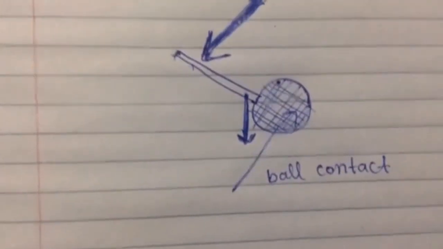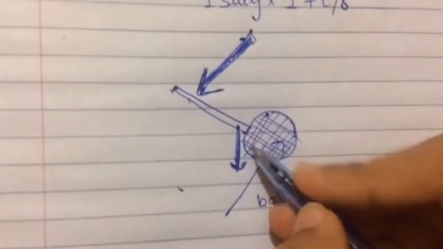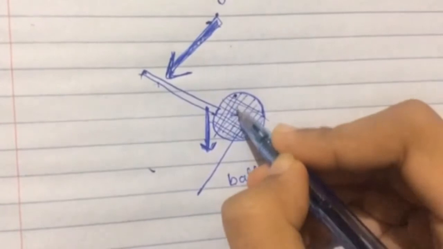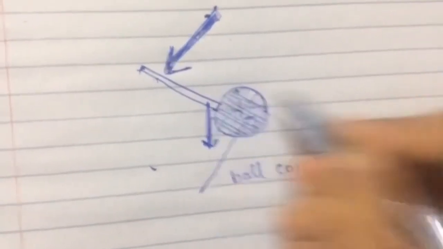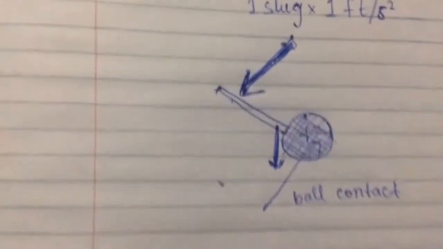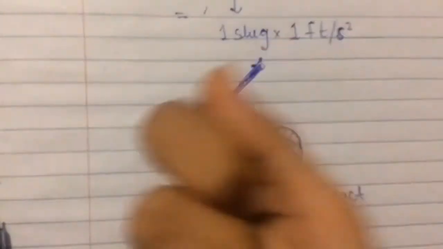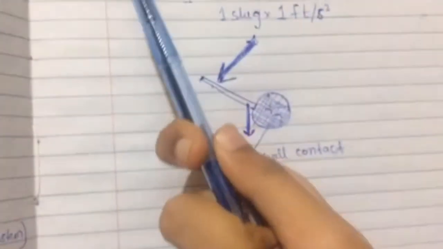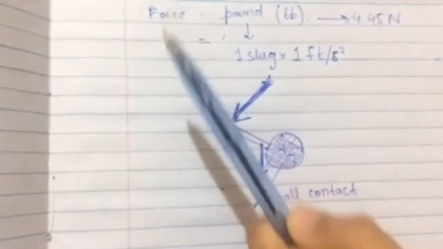Because our object of interest is the racket, we can see the forces acting on the body: the first one is from the player and the second one is from the ball. So if we consider this a bat, and my hand is applying force, that is considered in that direction.